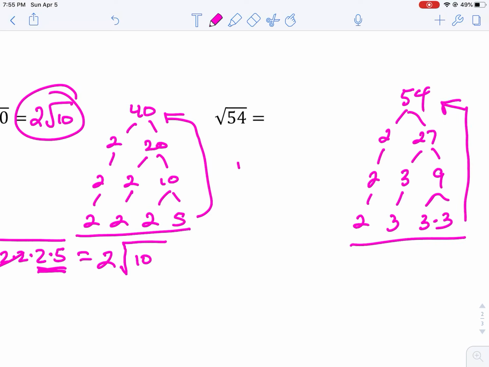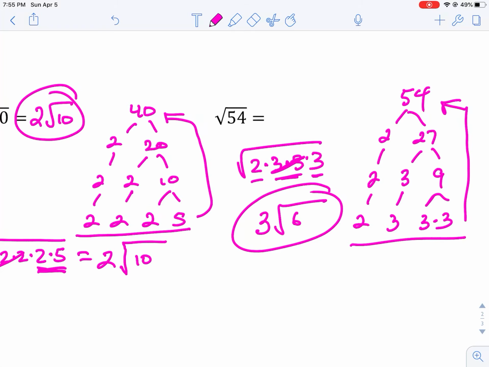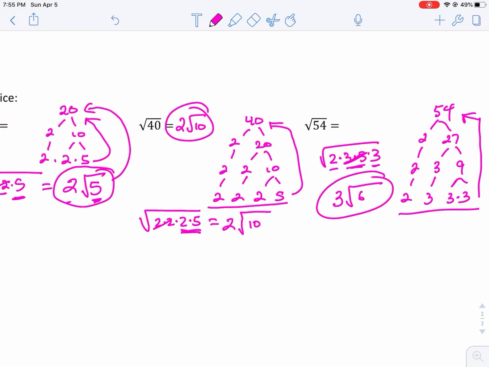If I multiply all 4 of these, I'll get 54. So let's put them in the radical: 2 times 3 times 3 times 3. There's no pair with the 2, so that has to stay. Here's a pair. Cross it off and put it on the outside. There's no other pair with that. So what's left inside? 2 times 3. We have to multiply it. It becomes 6. And there's our answer.